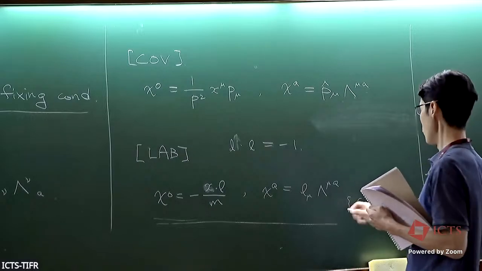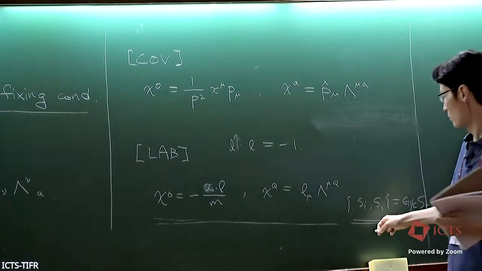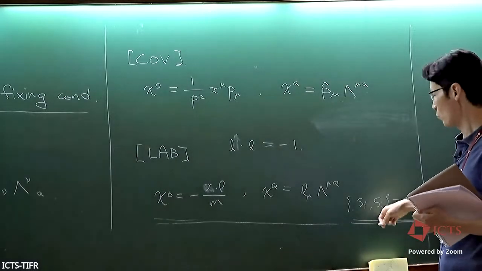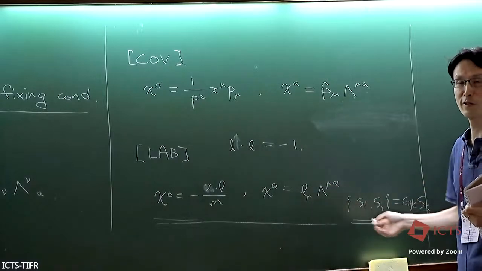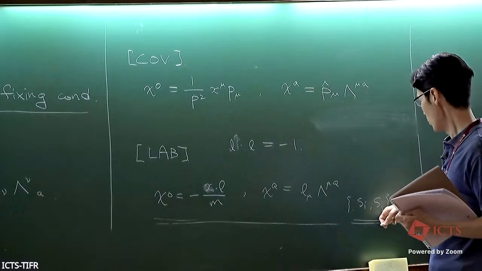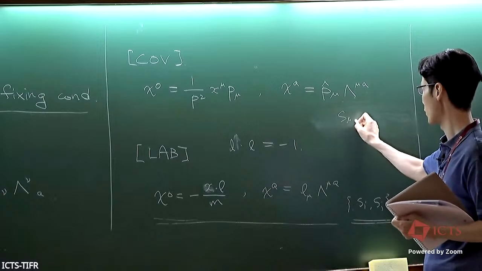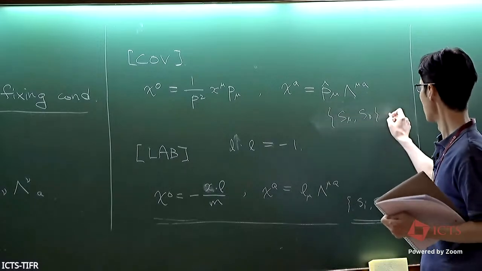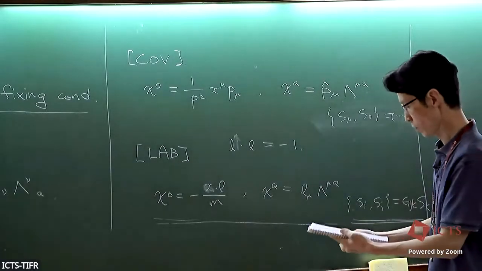So on this left side, you get what you expect of the three-dimensional non-relativistic angular momentum algebra, whereas here you get something more complicated, which I don't fully recall.